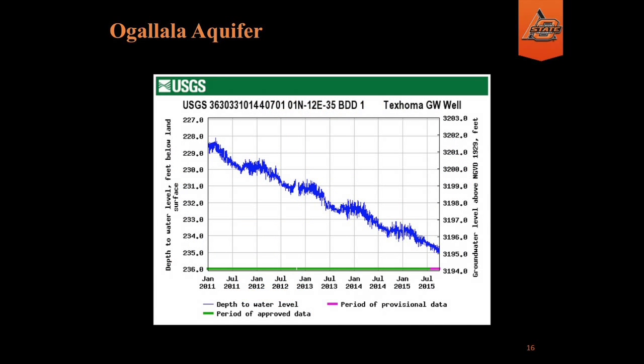This is a time series from one of the observation wells. This is near Texoma, right on the border of Oklahoma and Texas. This shows the same story. So here's the depth to water level. In January 2011, or 4 years ago, it was 228 feet, and now it's about 235 feet.